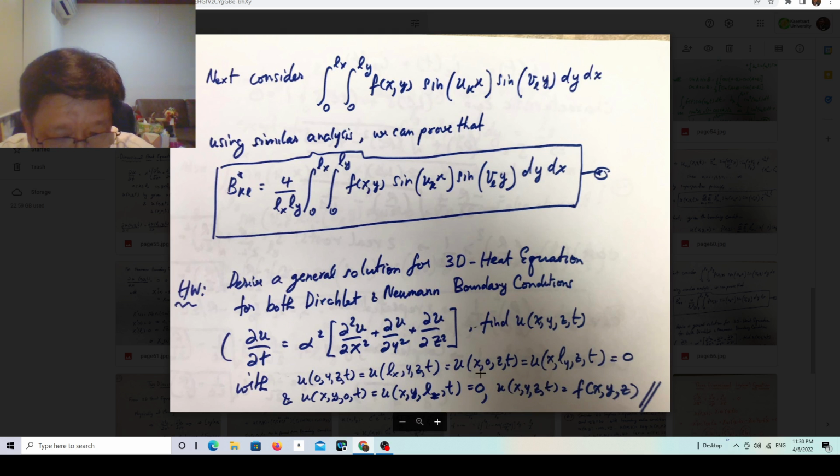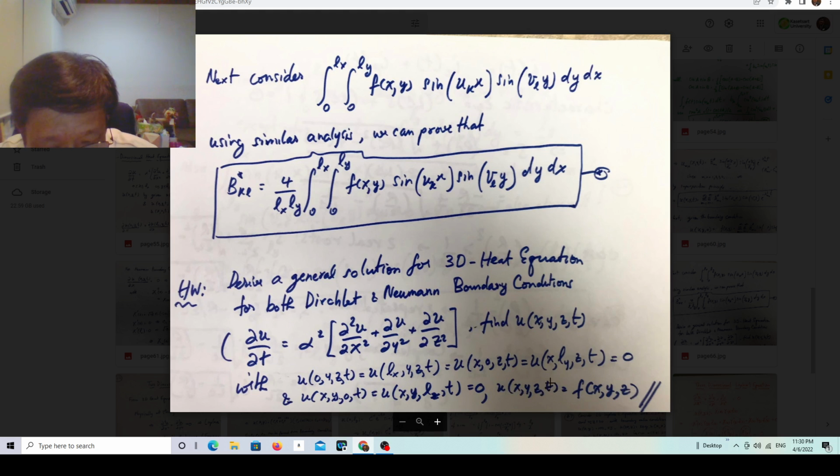For when you add the x, y, and z coordinates over here, you need u at x equal 0 for all y, z, t, and u at the boundary of x is L sub x, and for y also from 0 to L sub y, and you have one more at z that starts from 0 and ends with the highest value no more than L sub z. Certainly this one, in the next clip I try to correct, has to be 0.